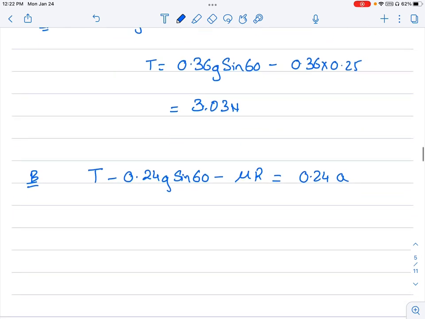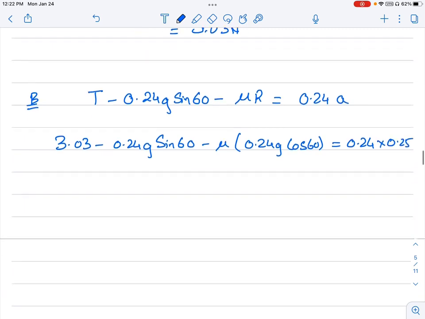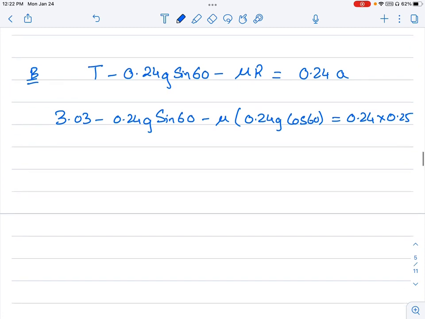So now what am I going to do? The tension is 3.03 minus 0.24 g sine 60 minus mu R, where R, the normal reaction, is 0.24 g cos 60, is equal to 0.24 times the acceleration, 0.25.